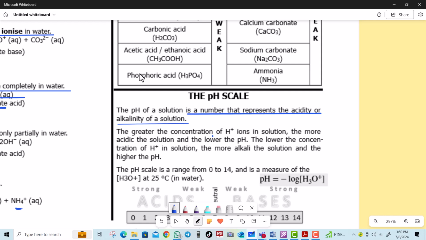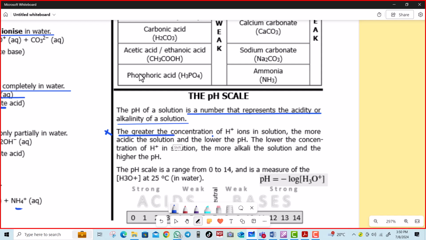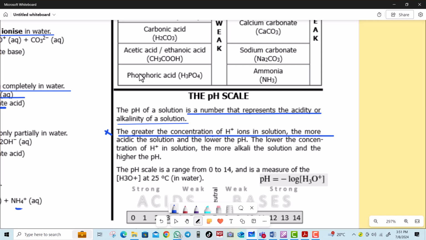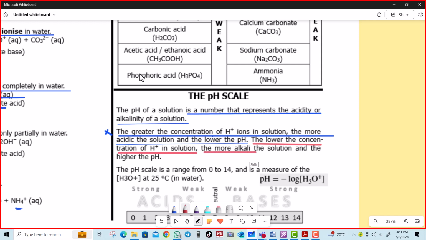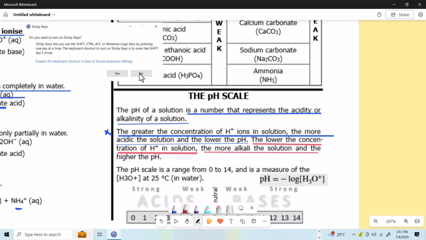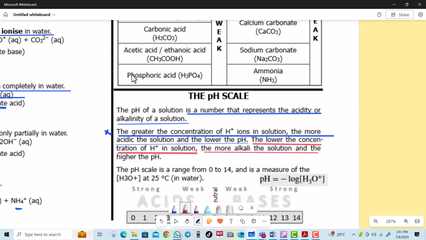And the lower the concentration of hydrogen ions in a solution, the more alkaline the solution and the higher the pH.